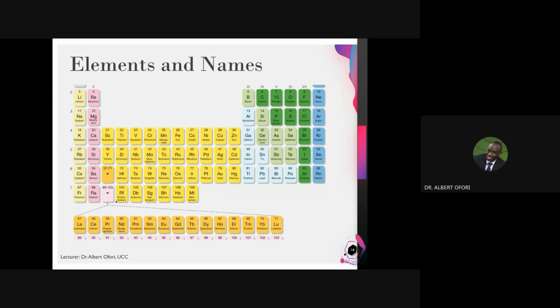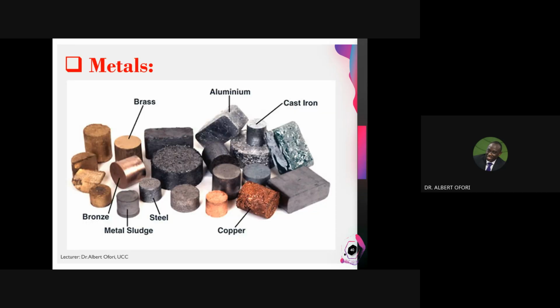So let's come to our metals here. I just gave an introduction. Now let's look at metals. I'm talking of general metals. Metals can be in the form of a pure metal, meaning the elemental form, or when the metal is mixed with other metals, it becomes an alloy.